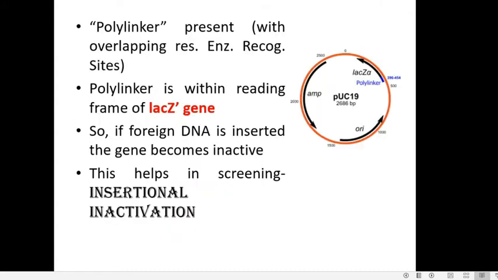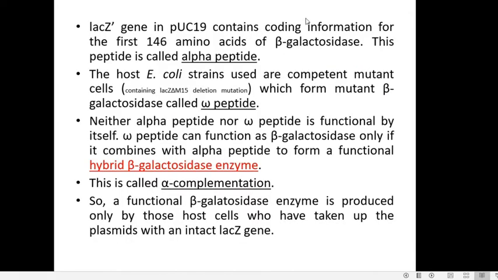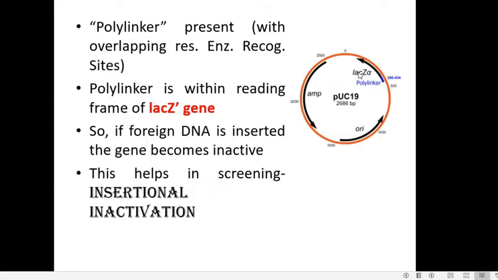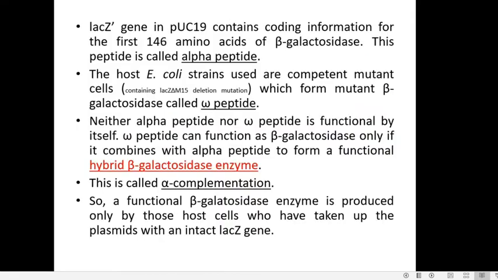I told you this lacZ gene present in pUC19 codes for the alpha peptide of the enzyme which is called beta galactosidase. So, any cell which has this pUC19 vector will have the ability to synthesize alpha peptide, because this vector has the lacZ gene and it confers on the cell the ability to produce the alpha peptide.